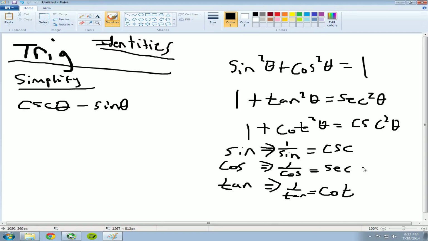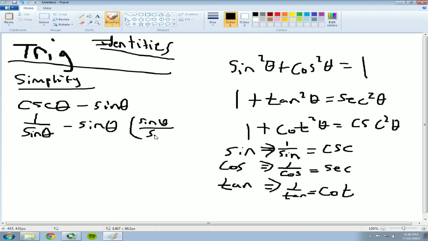Now this is a lot of material I'm covering for trig, but this is just an overview, and I could definitely get really into each problem, which I'm about to do soon. So we see cosecant, which is also equal to 1 over sine, minus sine theta. Now we have to get like denominators to subtract them, because you need a common denominator. So for the sine, we're going to multiply this by sine theta over sine theta.